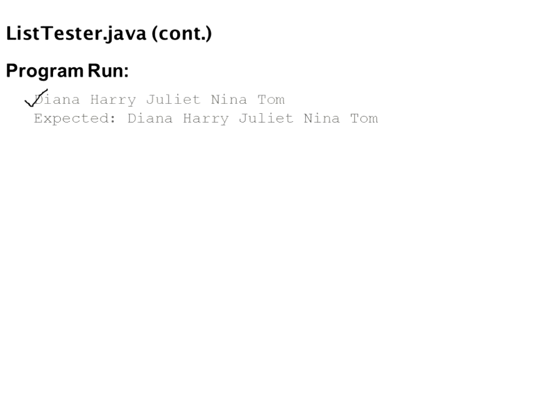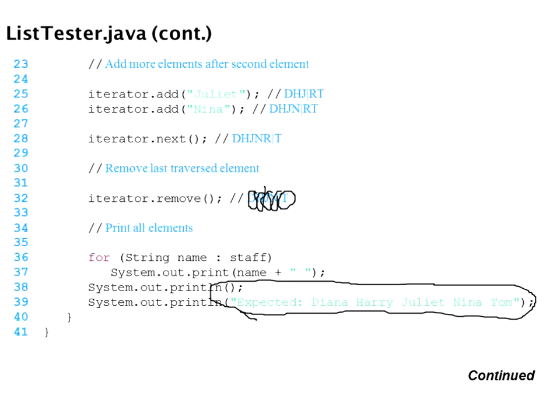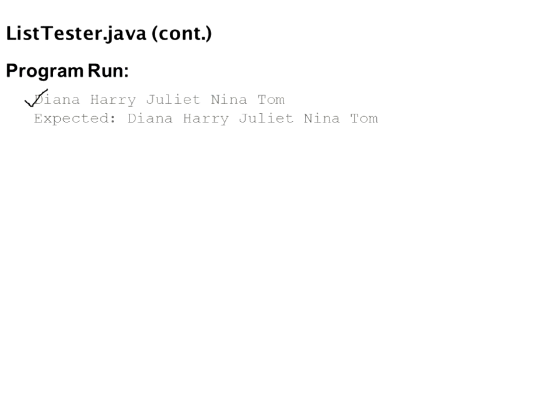Println means print from a new line. But in this case we have name plus a space. So the name is printed and then there will be a space and then the new output. Again a space, Juliet. Again a space, Nina. Again a space, Tom. And then from a new line, this statement is printed.